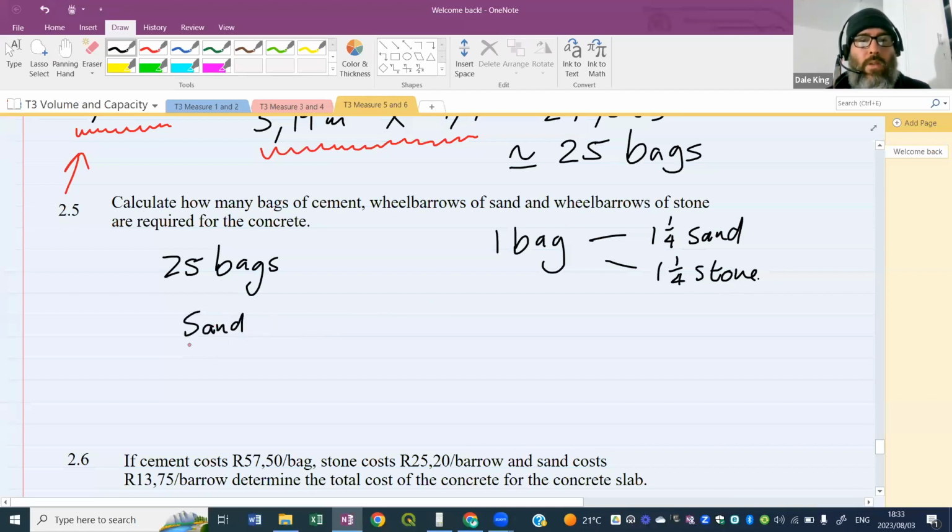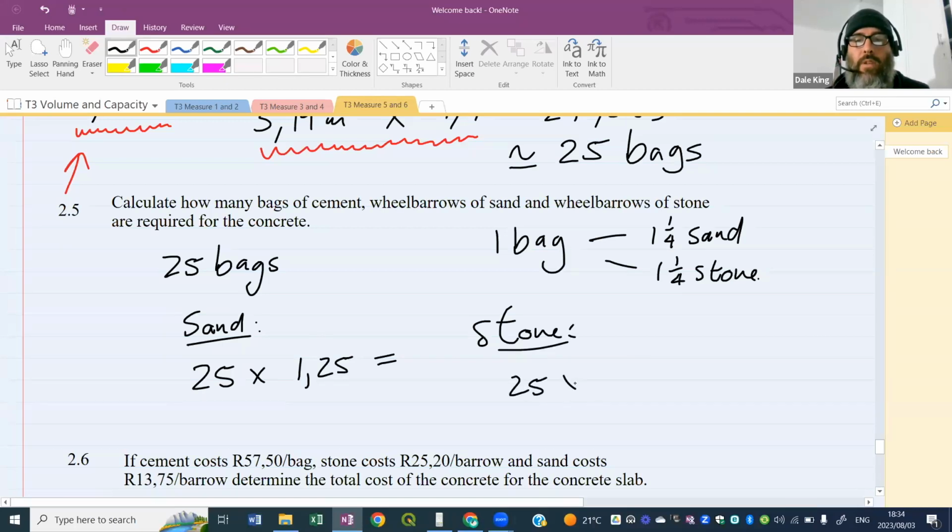Check your answers when we do this. All right, we need 25 times 1¼. You all know 1¼ is 1,25. And then for the stone, I need to do the same thing: 25 times 1,25.